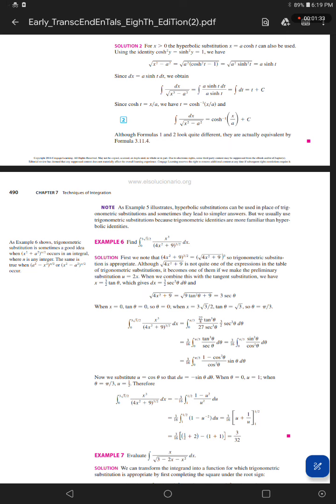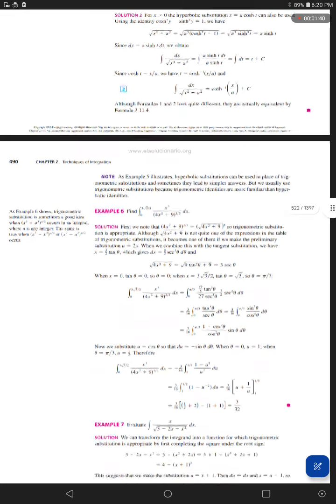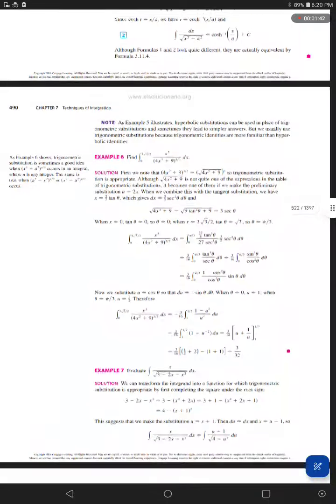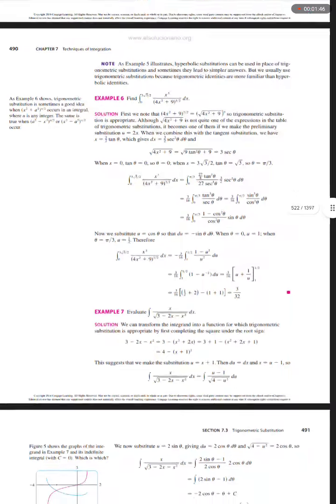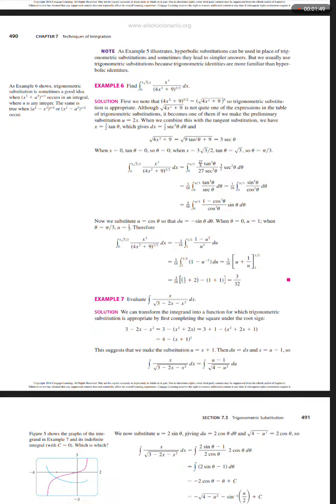When we combine this with the tangent substitution, we have x equals 3 over 2 tangent theta, which gives dx equals 3 over 2 secant squared theta d theta, and the square root of 4x squared plus 9 equals the square root of 9 tangent squared theta plus 9 equals 3 secant theta.